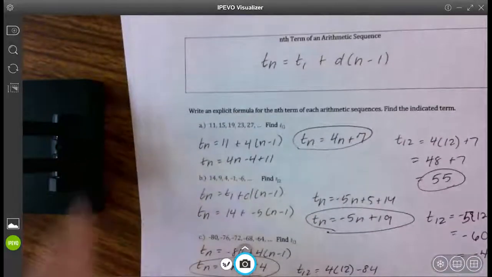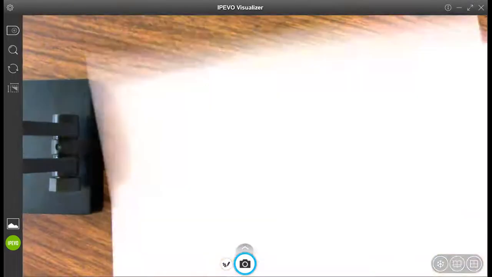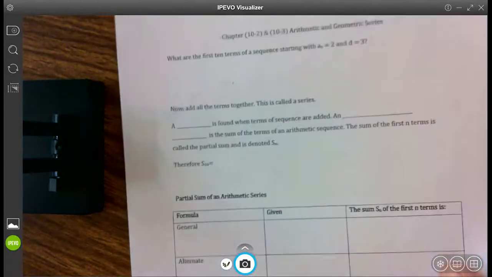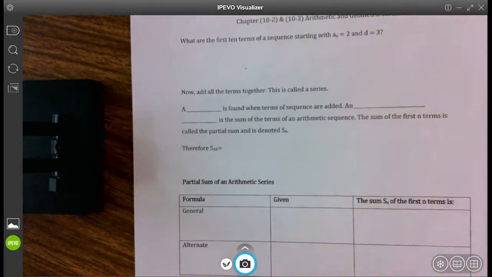So this is called not a sequence, but a series. Okay, not a sequence, but a series. And that's what we're going to do today. So starting at the beginning, just ignore the top because we already did a better example of that.